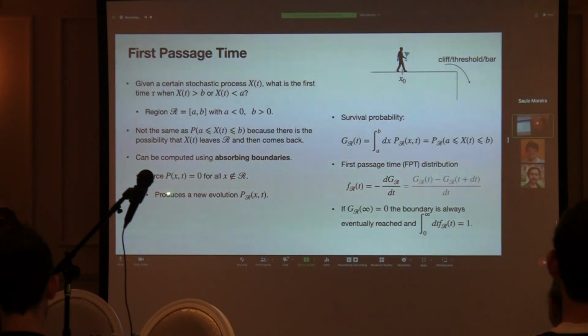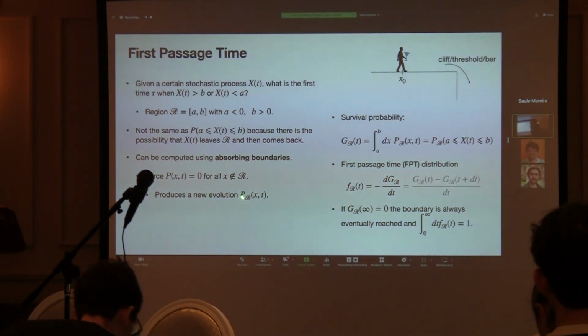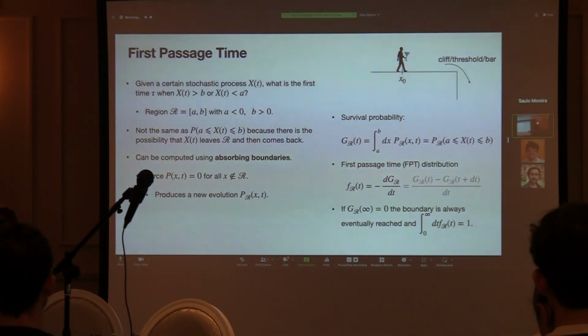When I do that, this gives me a new dynamical equation, a new evolution, because I'm imposing this boundary condition, which I'm going to call P_R. This R, which I'm going to carry for the entire talk, emphasizes that this is a new dynamics. When you impose absorbing boundaries, you generate a new type of dynamics.